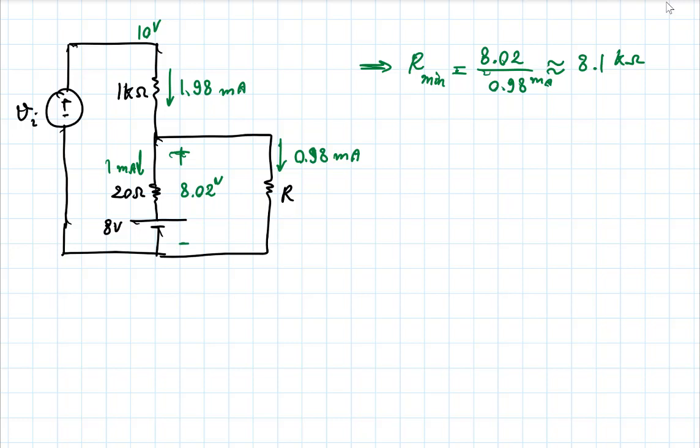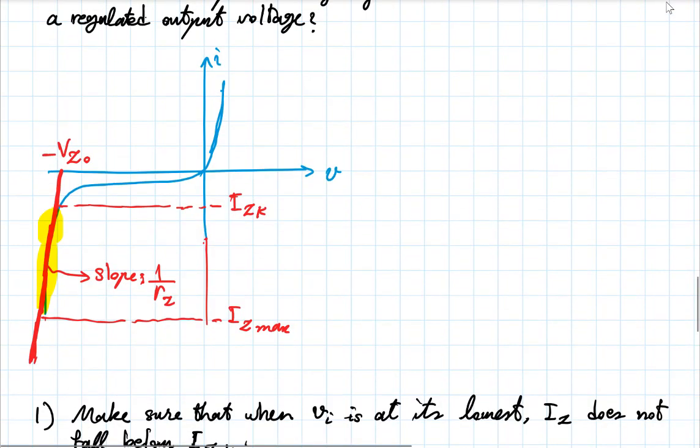That will take too much of the current coming from the top branch, and so your Zener diode will not have enough current. It will go below the knee point, leave the mode of operation and go somewhere here, which means your voltage has changed greatly. That's not a regulated output anymore. Okay?